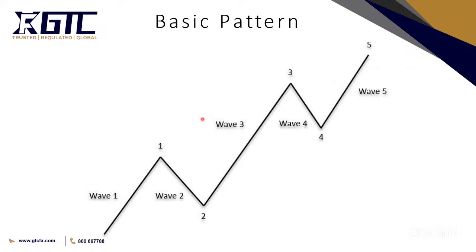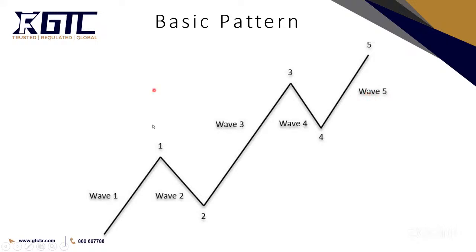If the market wants to rally, or if the market wants to head on the north side, if it wants to trend higher, the first thing it's going to produce is a five-wave movement on the north side. Something like this. Wave 1, wave 2, wave 3, wave 4, and wave 5.